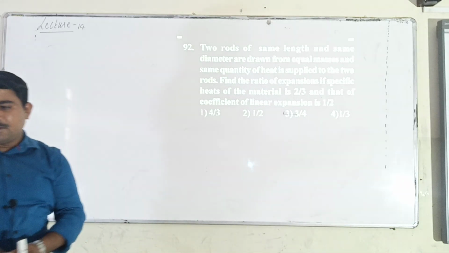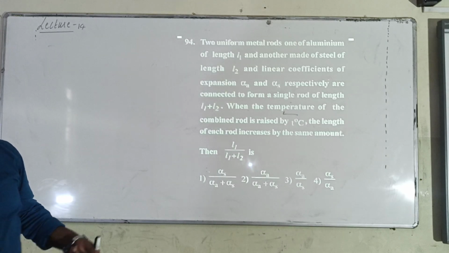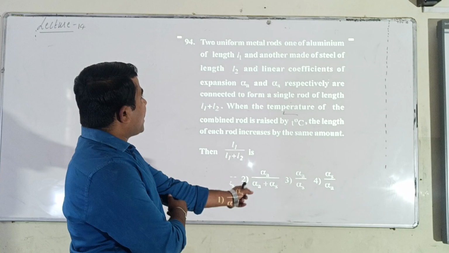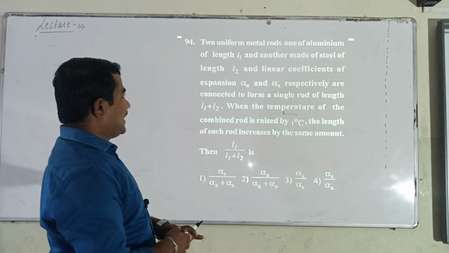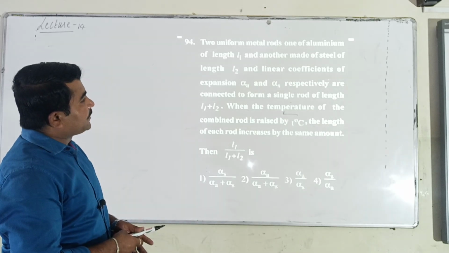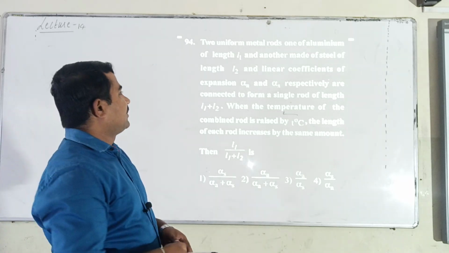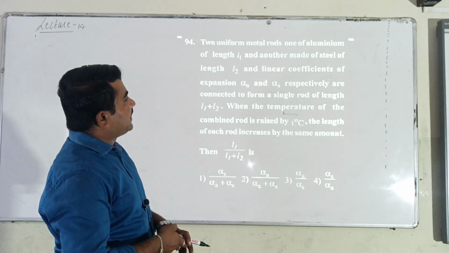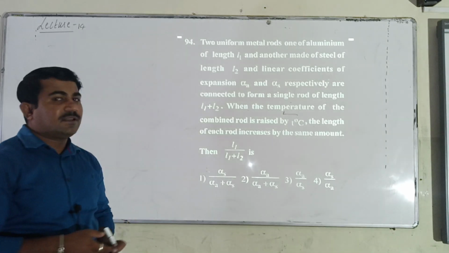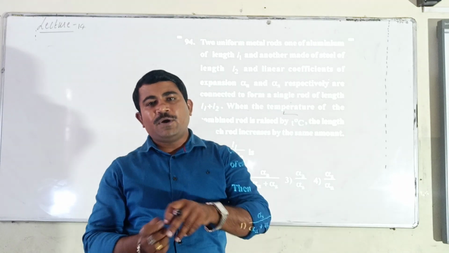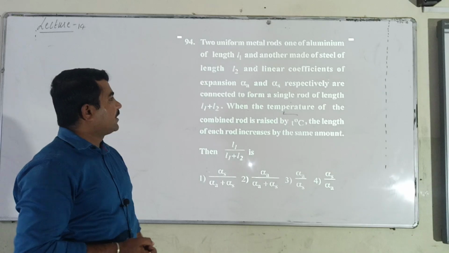Next numerical is: two uniform rods, one of aluminium of length L1 and another of steel of length L2, and coefficients of expansion are alpha A and alpha S respectively. For length L1, alpha A is available. For length L2, alpha S is available.